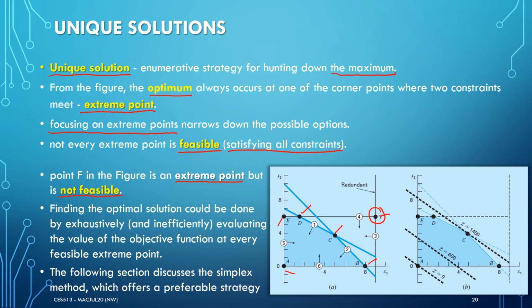But finding this optimal solution by exhaustively and inefficiently evaluating the objective function at every feasible extreme point is very tiring. Thus, the following section will discuss the simplex method, which offers a preferable strategy.